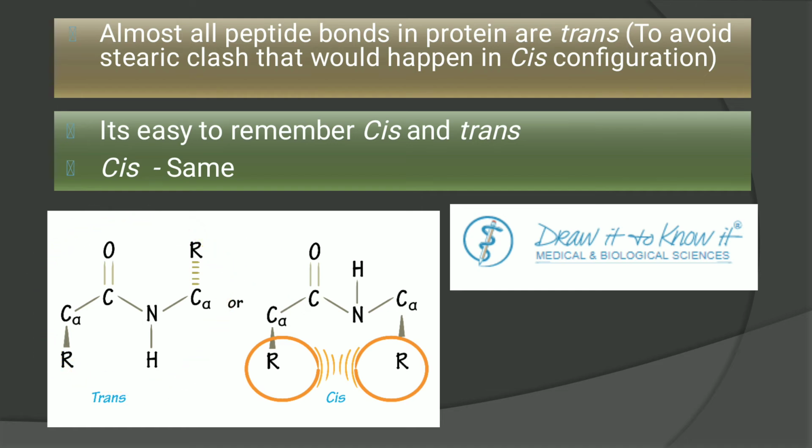We can see here that the oxygen of the carboxyl group and the hydrogen of this one are in opposite directions at the peptide bond, and the side chain of the first amino acid and the side chain of the second amino acid are also in opposite directions. This particular configuration is known as the trans configuration. So almost all peptide bonds in proteins will be in trans configuration.